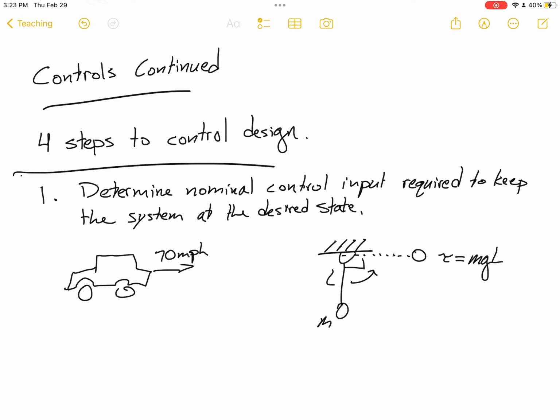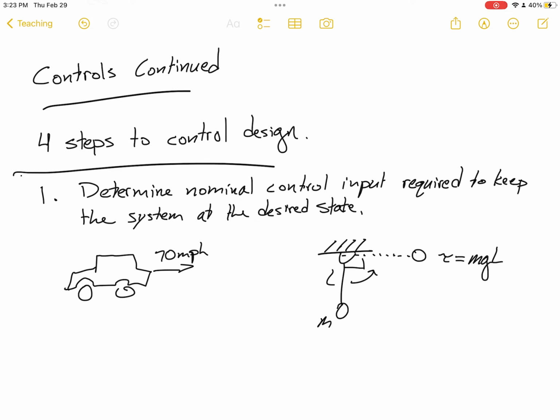And so that's going to be the nominal control input. In a perfect world where the mass is exactly what we need it to be, the model's perfect, and there's no disturbances, then you'll get a perfect output, and it will go exactly to 90 degrees.